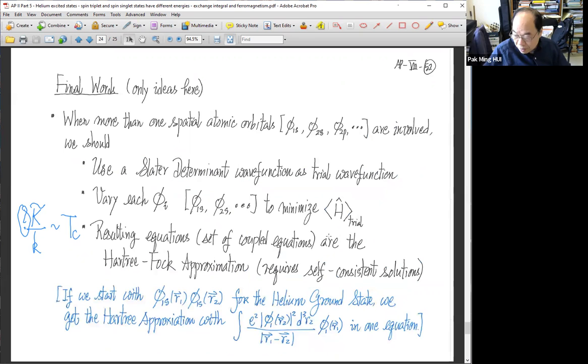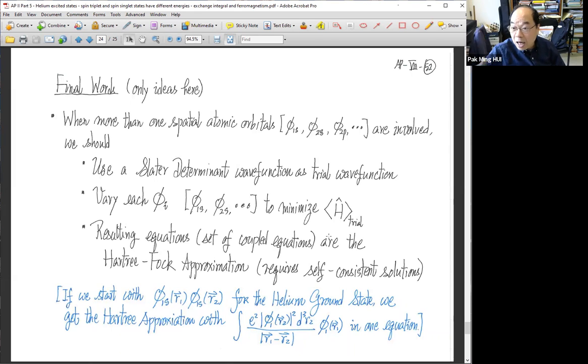So final words. I would like to just mention what the Fock term is. I have already mentioned many times the Hartree approximation. But more generally, it's usually called the Hartree-Fock approximation.